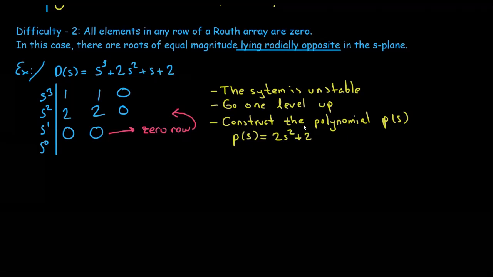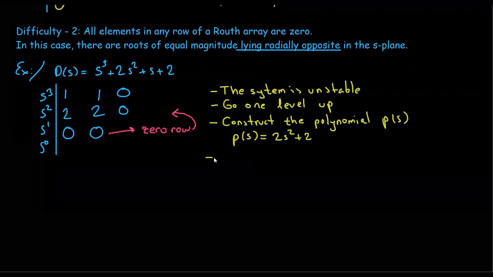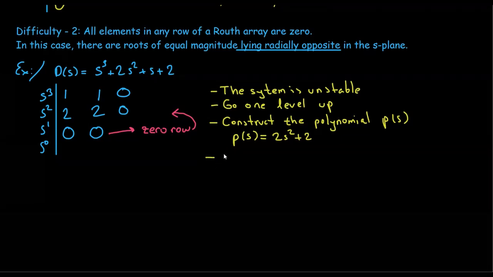So what we do next is that we replace the 0 row with the coefficients of P prime of s.